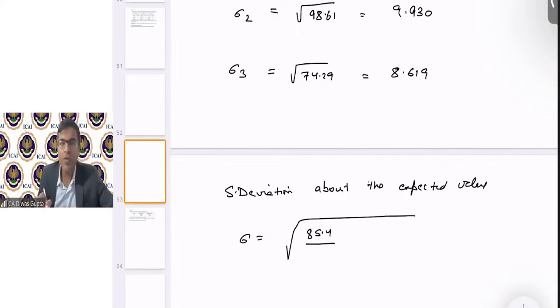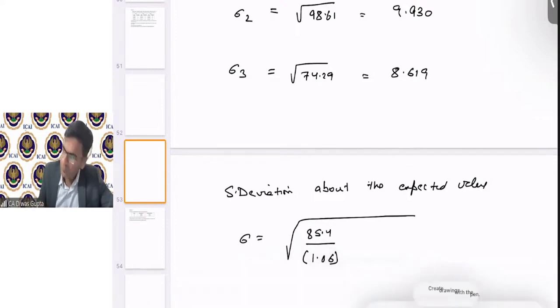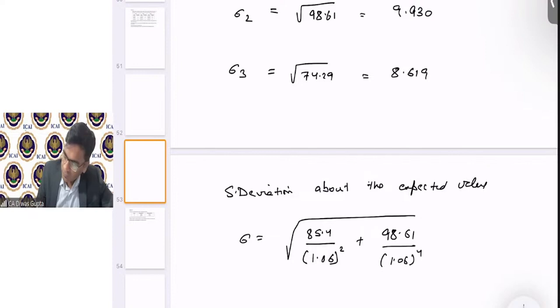So 85.4 was our variance. So we have to take the respective years' variance and take a summation of it.